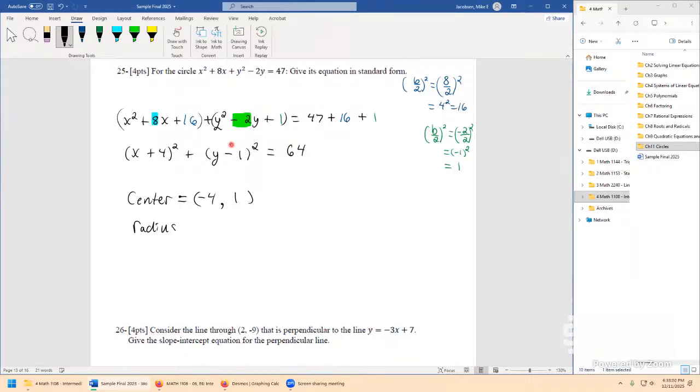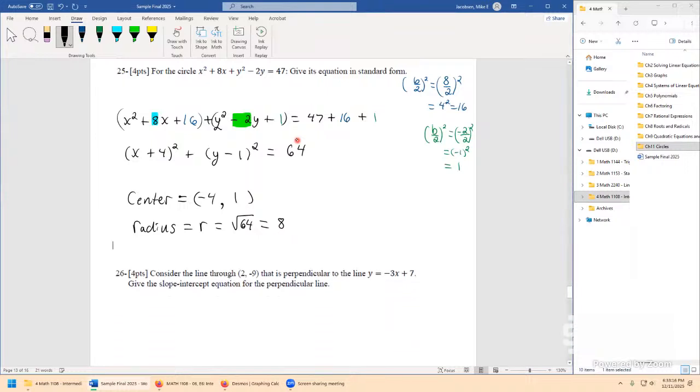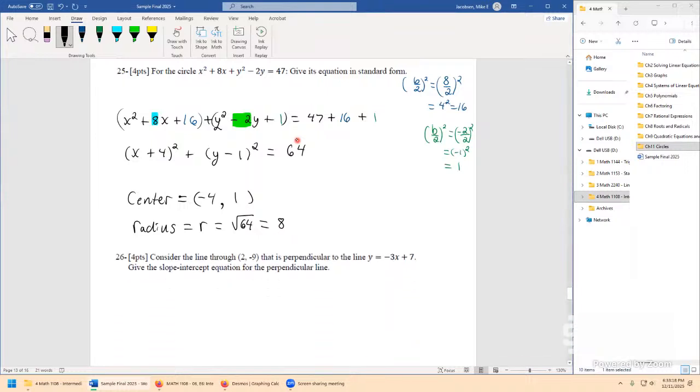The radius, which we often call r, is going to be the square root of the constant on the right-hand side. So the radius is 8 for this particular circle. Now we did it. We have the circle in standard form where the red dot is, and just in case this is a question that's asked, we also now know the center and radius from this standard form right above.